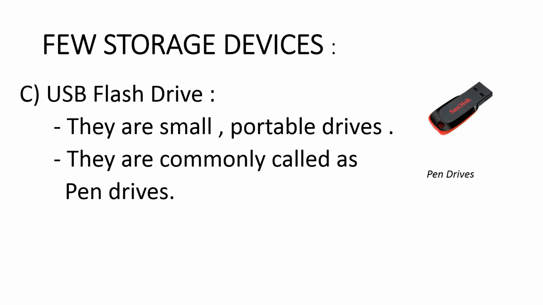But USB flash drives are small and portable, and they are also called pen drives. You must have seen pen drives in the hands of many teachers in our school. Since they are used to store information, they are also called storage devices.